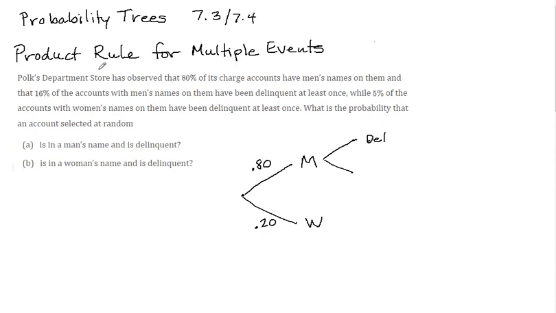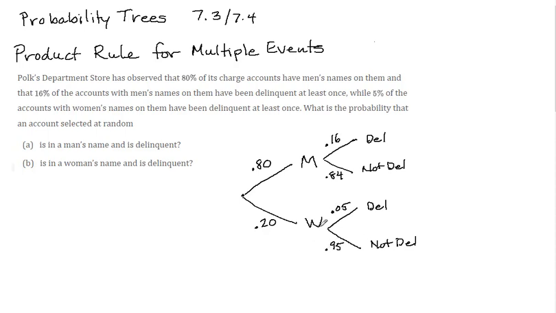That is 16% of the time, which would mean it's not delinquent the other 84% of the time. If it's in a woman's name, it could either be delinquent or not delinquent. 5% of the accounts with women's names on them have been delinquent, so the other 95% are not.